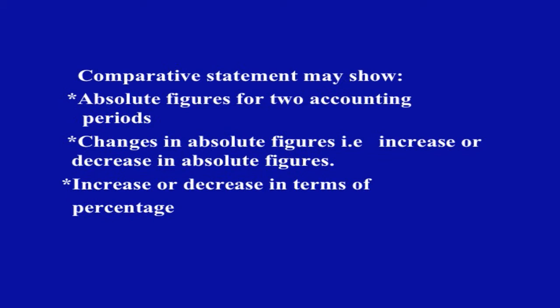In the comparative analysis, we prepare absolute figures for 2 accounting periods and the changes between the values of the 2 years, and that is called the absolute value, and the increase or decrease in terms of percentage is identified. On the basis of the relative figures, that is, percentage of increase and percentage of decrease, the analyst can draw conclusions and interpretations.